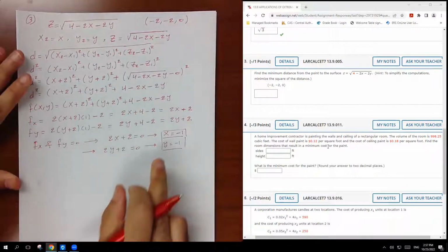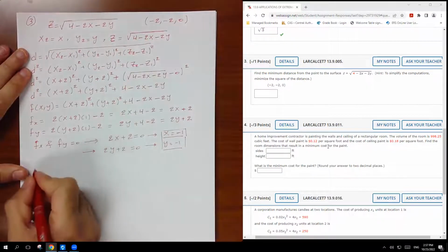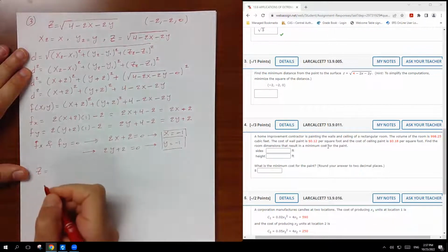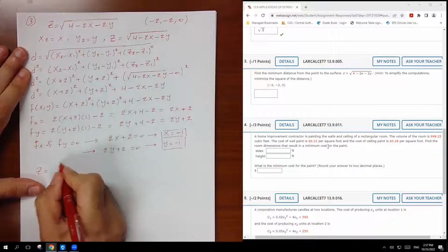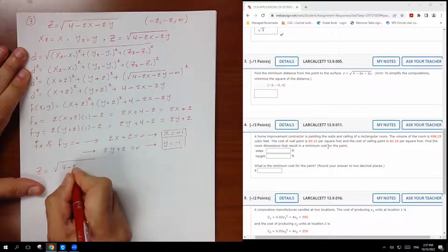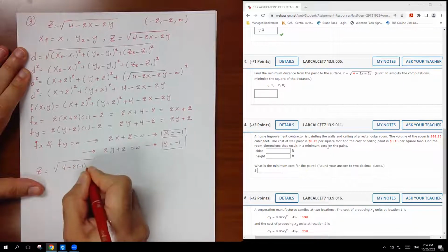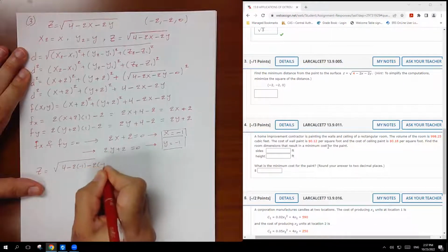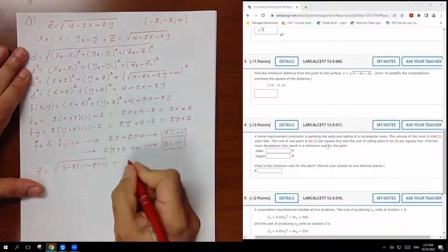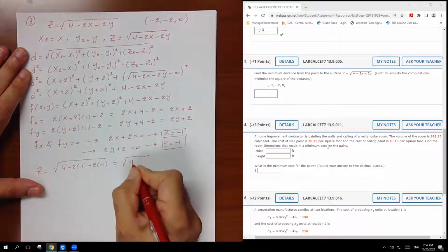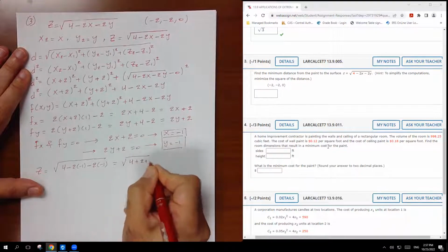To find the z, we're going to plug these into the z function. So z is going to be equal to the square root of 4 minus 2 times negative 1 minus 2 times negative 1, which is equal to the square root of 4 plus 2 plus 2.